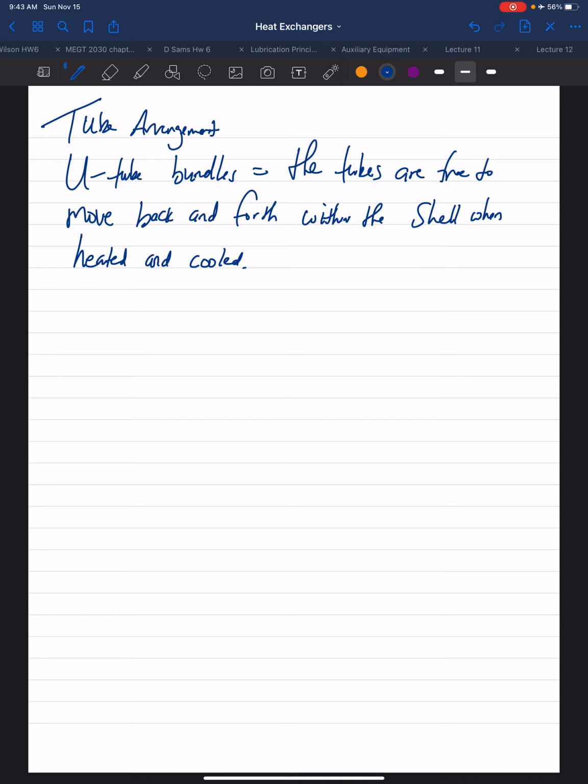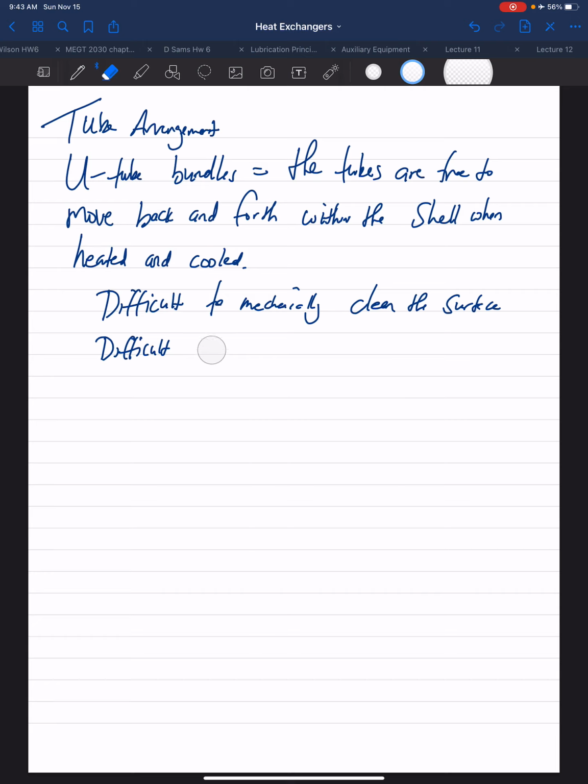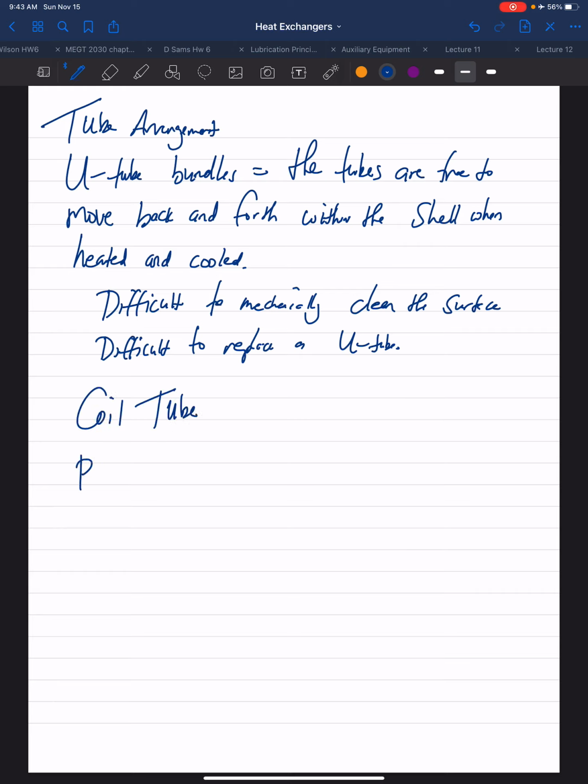Some disadvantages are they are difficult to mechanically clean the surface, and it's difficult to replace a U-tube. Some other examples of tube arrangements, you have coil tubes, flowed tubes.